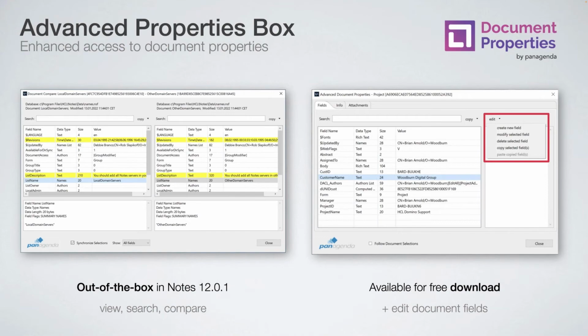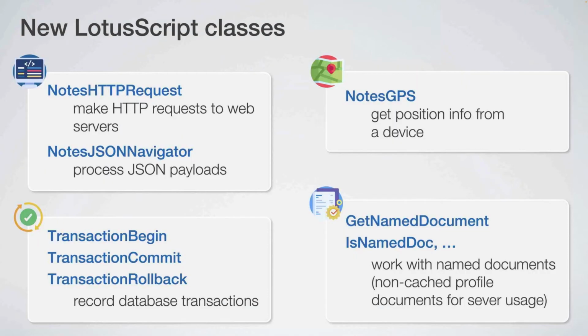And if you are an admin or developer, and you go to the Panagenda website, you can download an extension that also allows you to edit, because by default it's read only, and it allows you to edit values in fields and so on. But you know, it's too dangerous to put it into the default installation for classic end users. So admins and devs have to download and install it manually, separately.